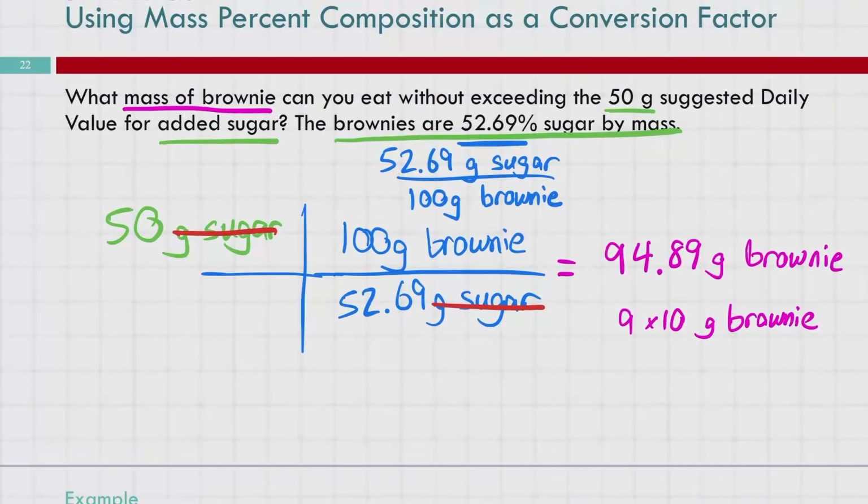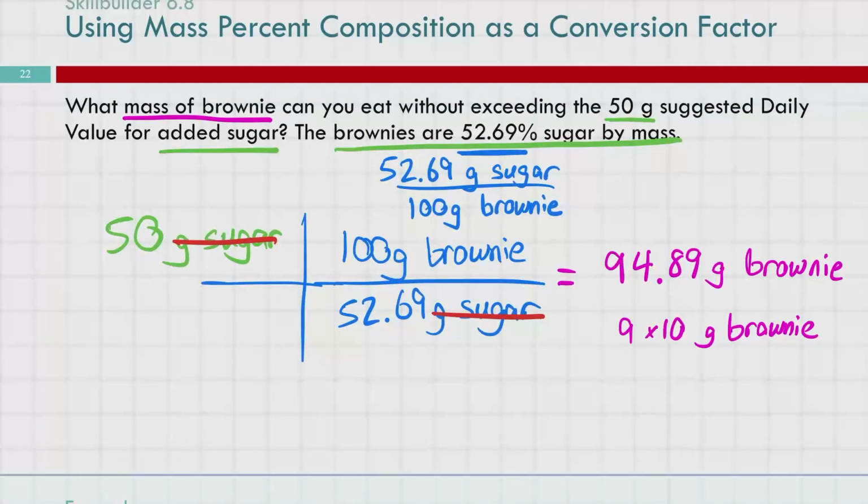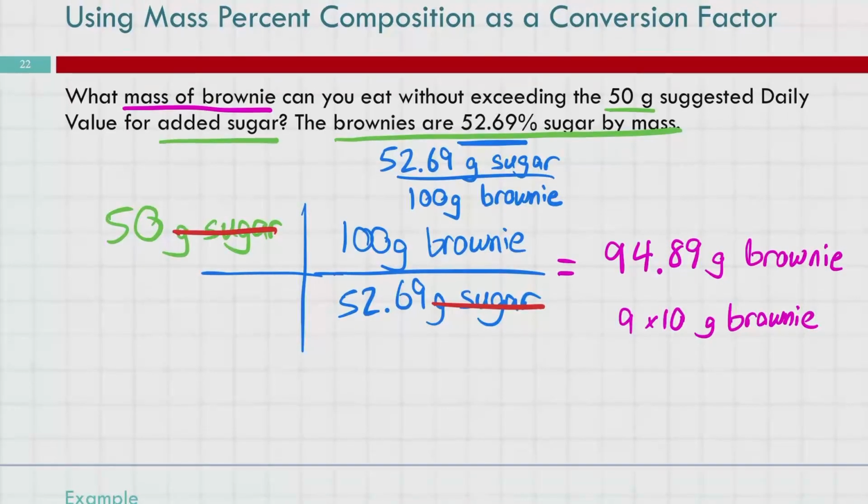I'm going to show us the other way real quick while we're here. The other way that we can do it, if you don't like this method, there's another one that works. It's the same thing. And the way that we do this is we use the mass percent formula.